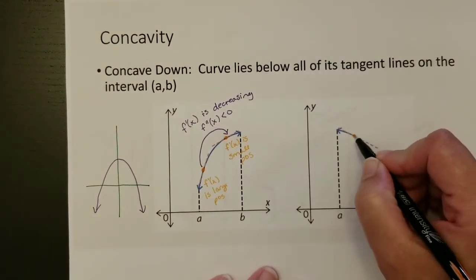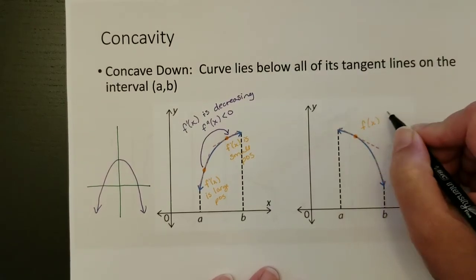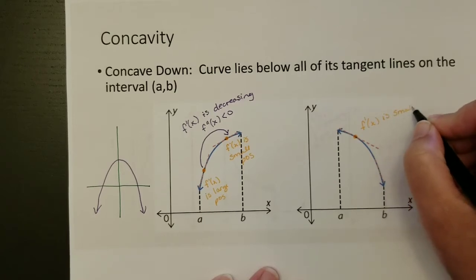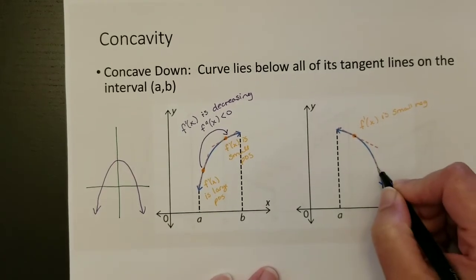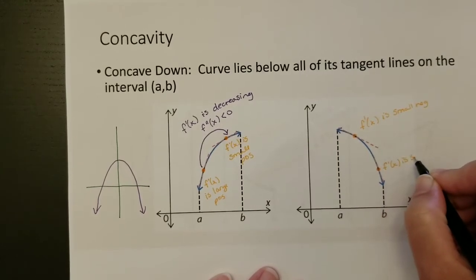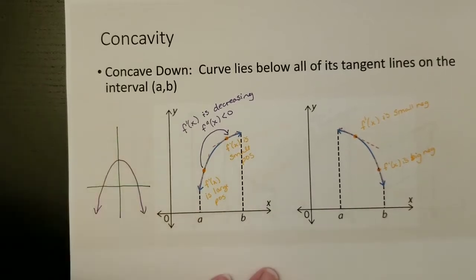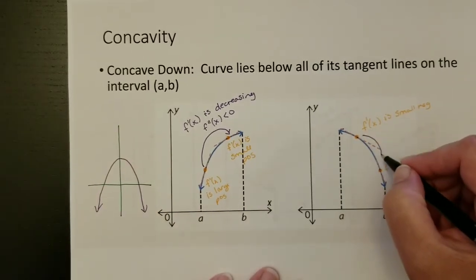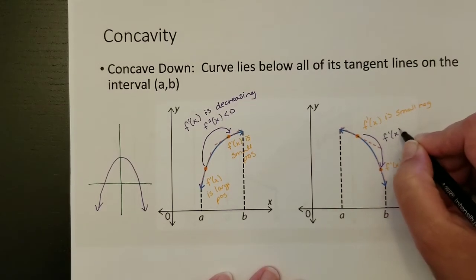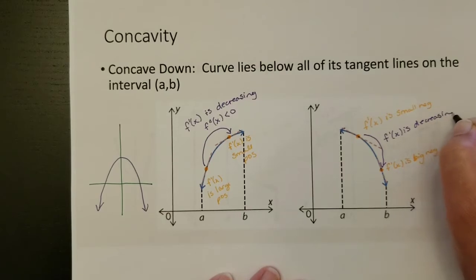Here, kind of again the opposite. This is going to have f prime at x is small negative. And here, f prime at x is big negative. So that means going from there to there, f prime at x is again decreasing.